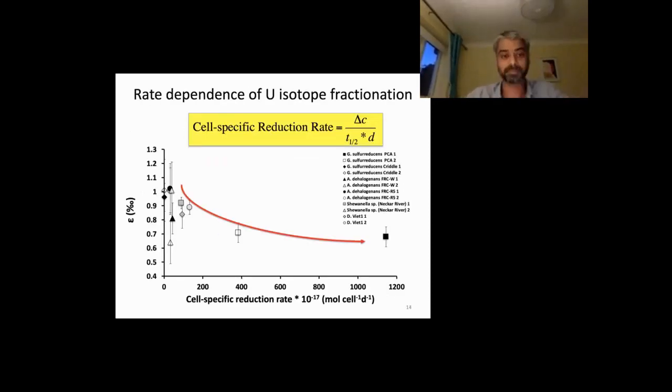So to understand that, when I plotted the fractionation factors against the reaction rate normalized by the number of cells in the experiment, what I saw was there is an apparent pattern. In this case, x-axis has the rate and y-axis has the fractionation factor. And all of these experiments are pooled in one plot. What I'm seeing is at low rate, I have large fractionation, and high rate, I have a smaller fractionation.